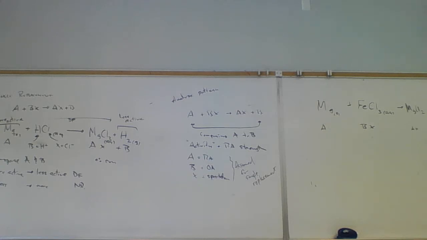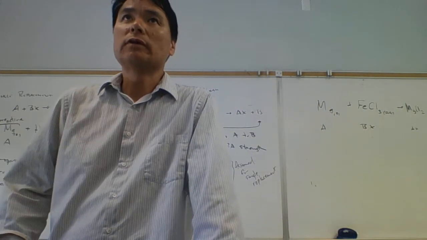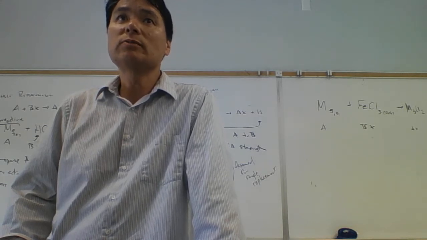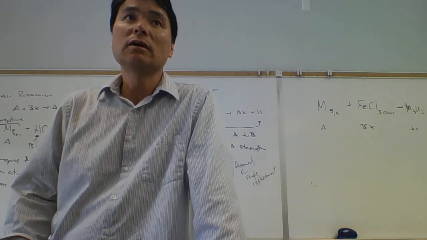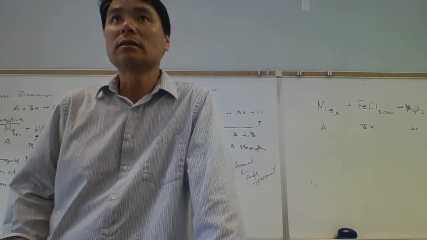Then I look, what do I look for in chemical reactions? I look for precipitates, I look for stronger acid to weaker acid, and I look for things that decompose into gases like carbonic acid.